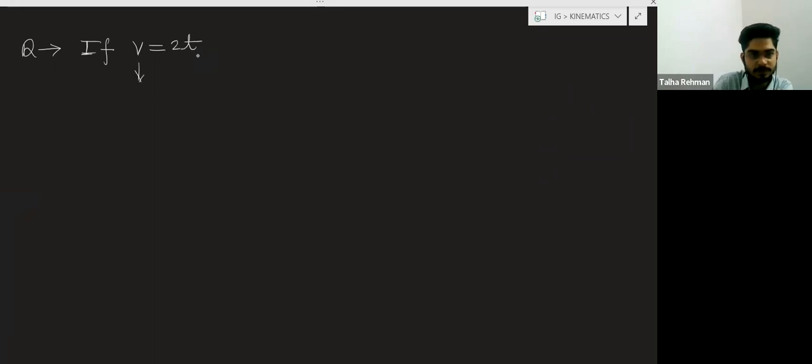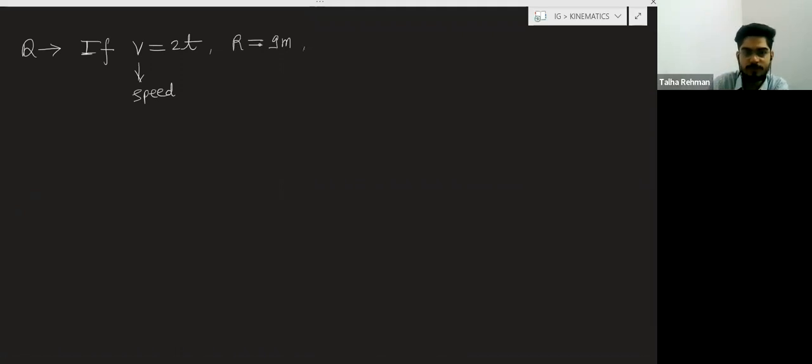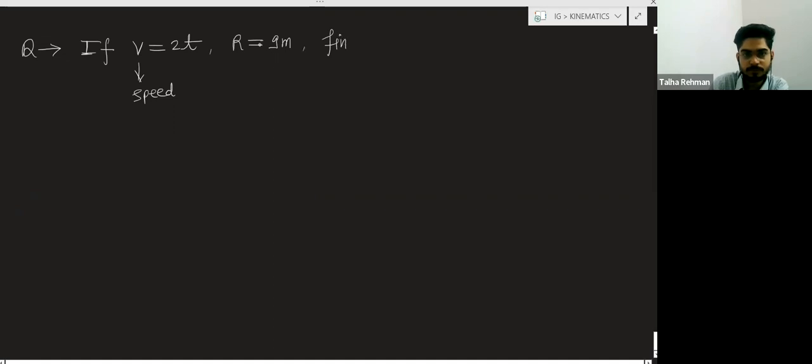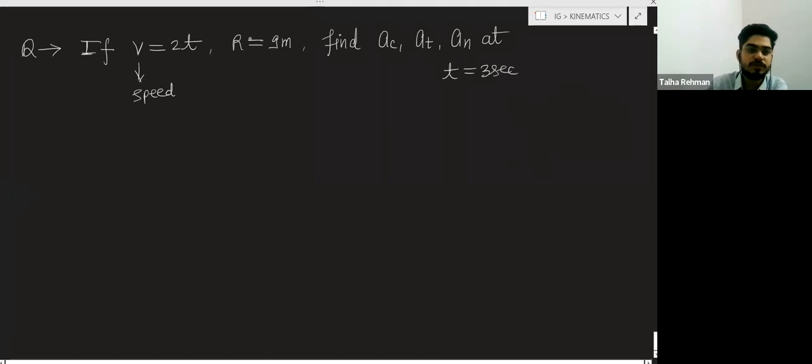This is your speed. And the radius of the circle is 9 meters. So our body is moving on a circle whose speed is given as 2t and the radius of the circle is 9 meters. We have to find the centripetal acceleration, tangential acceleration, and net acceleration at t equal to 3 seconds.